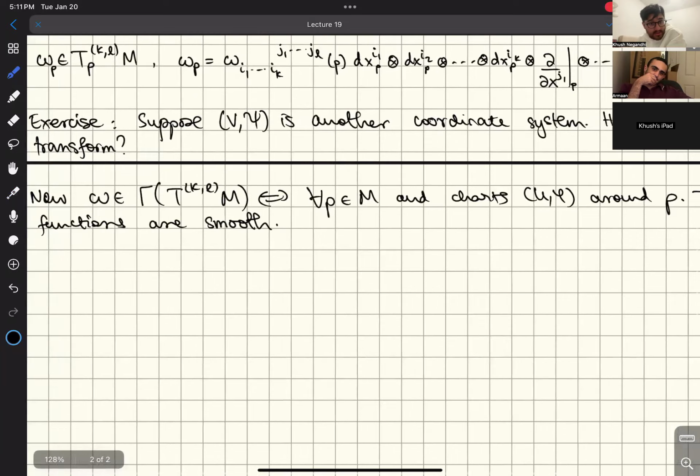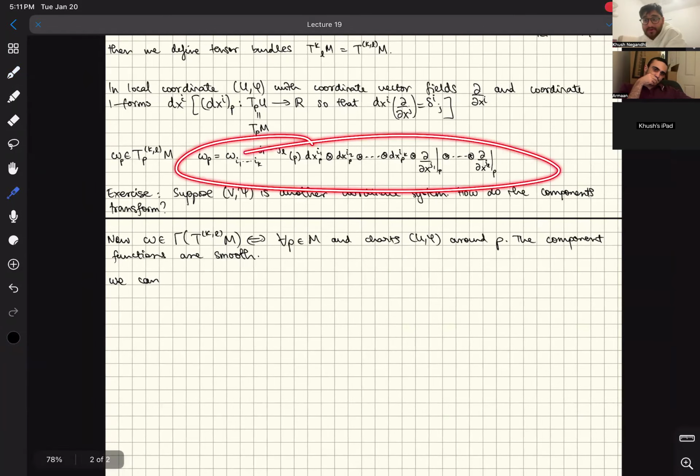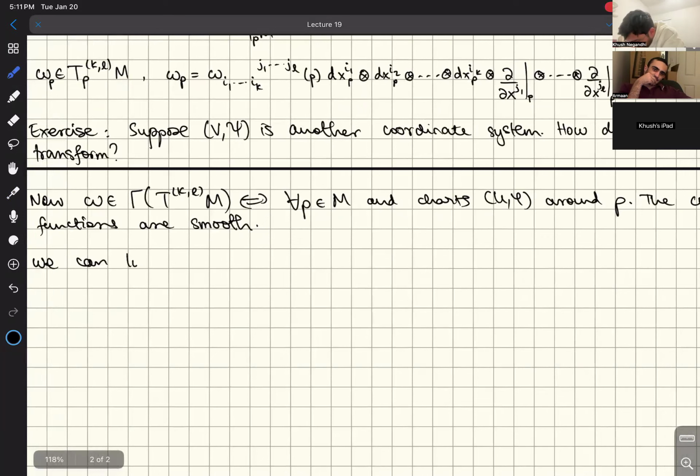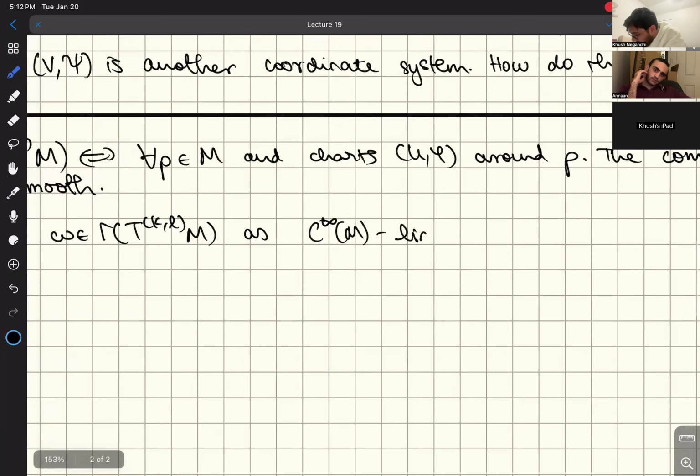This way of looking at things allows us to look at these as C infinity M linear functions.